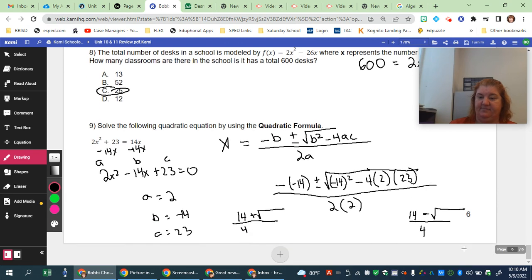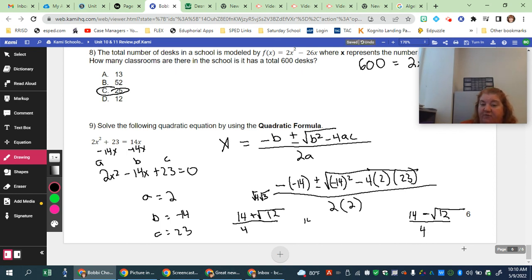So let's come back down here. 12. Now at this point, if you remember how to simplify this radical, you would take a perfect square times something else that equals 12. So in this case, 4 times 3, and I can take the square root of 4, which is 2.